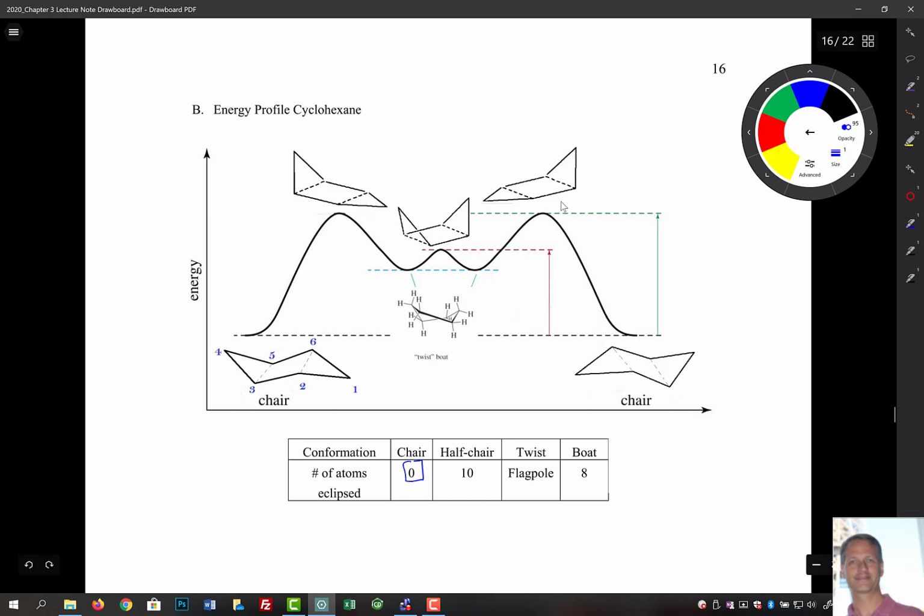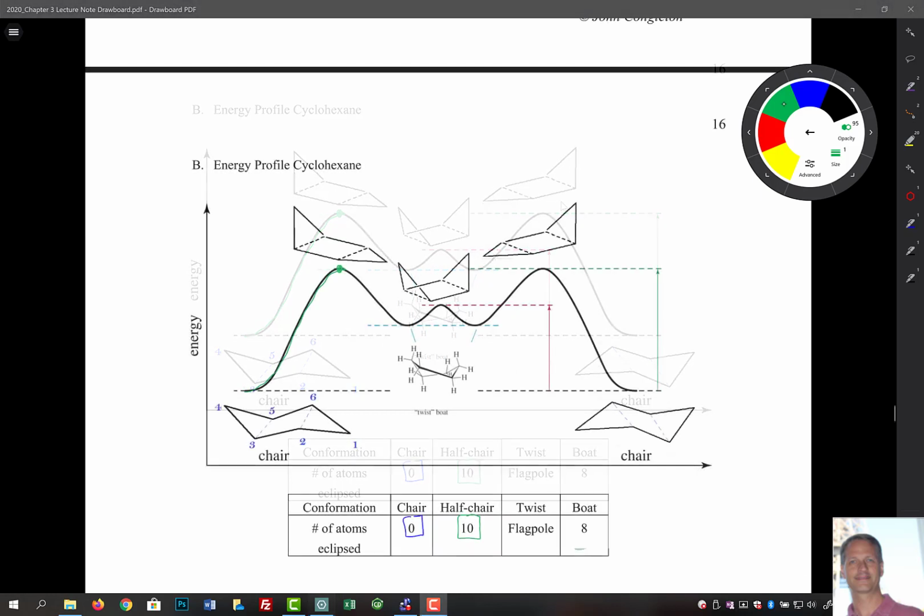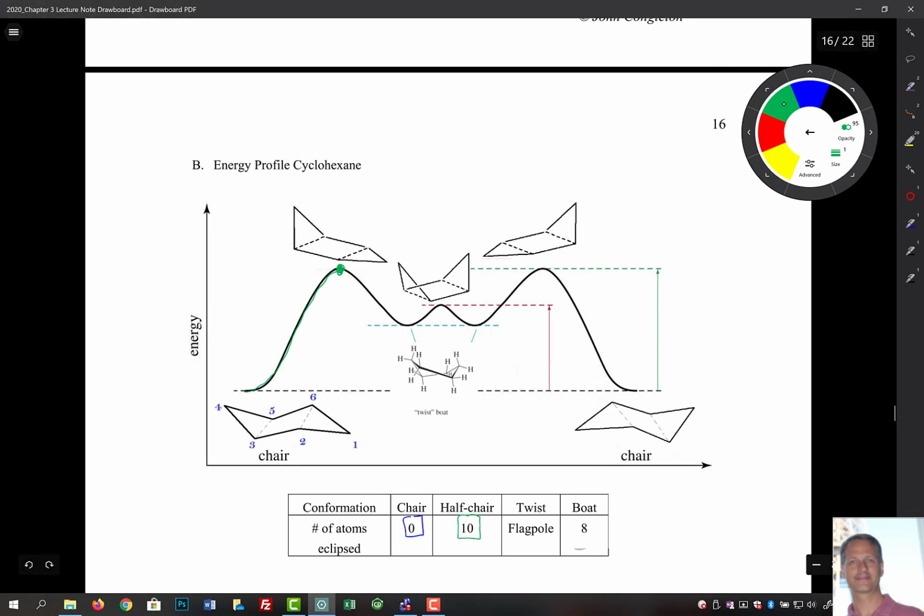So coming up from that, if we just follow along right here, we're coming up here, that is our half chair. Our half chair, we said, has 10 H's that are eclipsed. Now, as we get from our half chair, that's our first kind of transition, we're going to pull up this end.